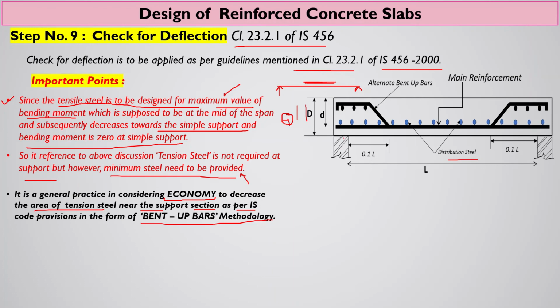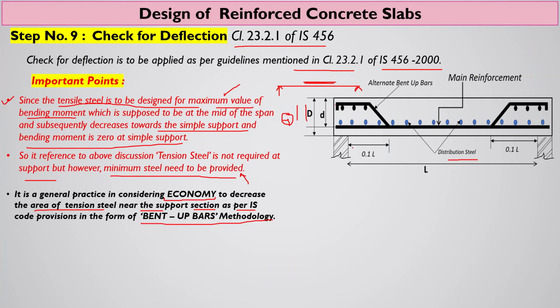Because when you are talking about the slab, any type of support, whether it is a continuous support or simple support, then since their moment is 0, but there may exist some negative moment. So what we are doing, we are just lifting the main reinforcement, and now we are not providing some part of the main reinforcement which is beyond this point.